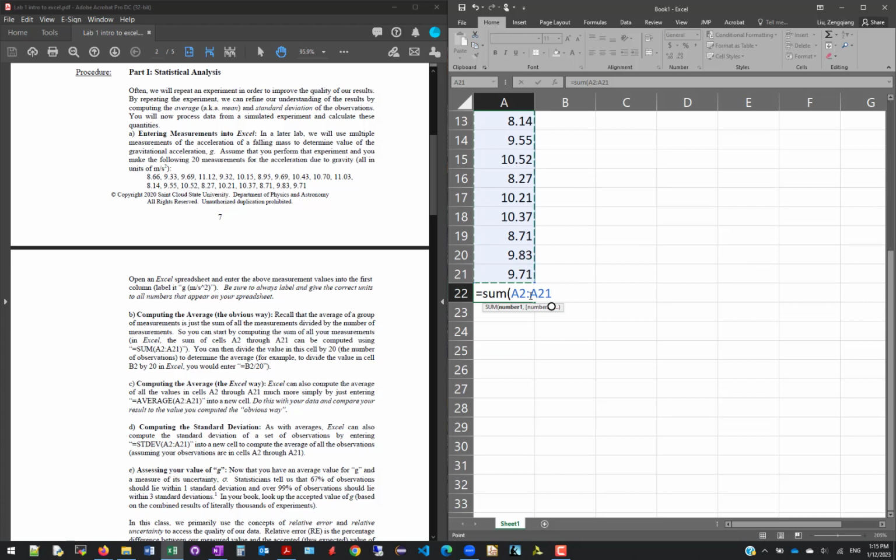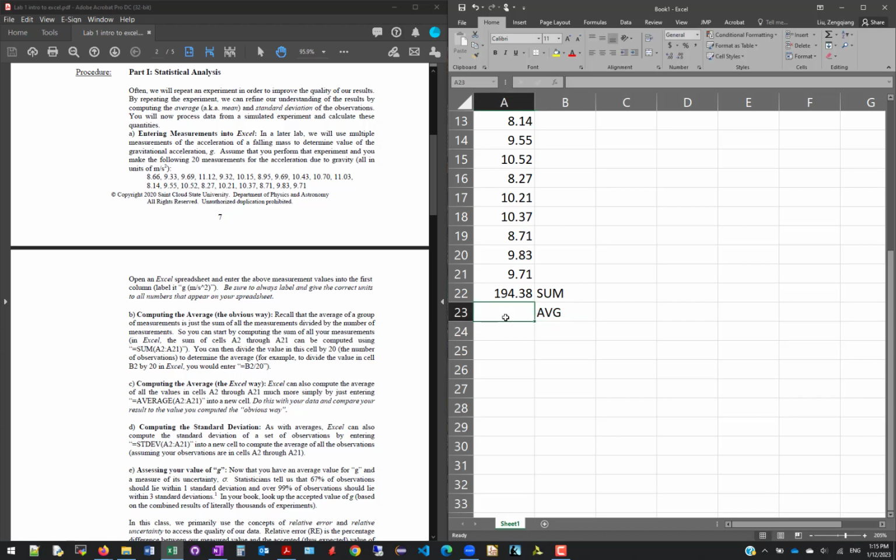So A2 to A21, that is the range you're summing, and then you close the parentheses and hit enter. So that's a sum, and I can just mark this up as the average.